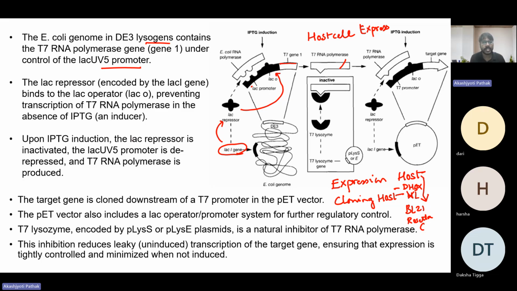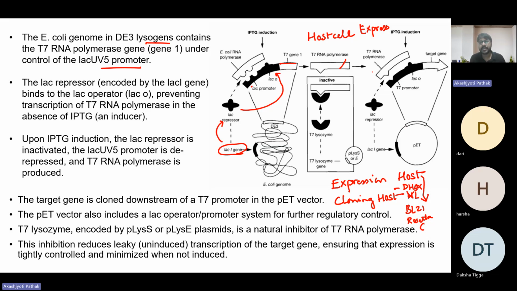Once this IPTG induction is done, the LAC repressor is inactivated. So your LAC repressor will get removed from the LAC operator, and your E. coli RNA polymerase can transcribe the T7 RNA polymerase. Once your T7 RNA polymerase is synthesized, it will go and bind to the T7 promoter, which is present on your plasmid.